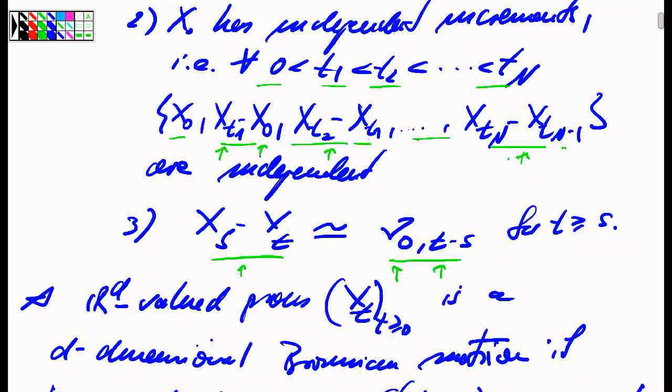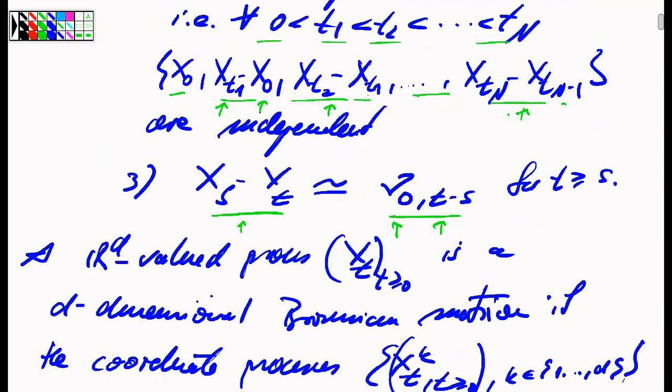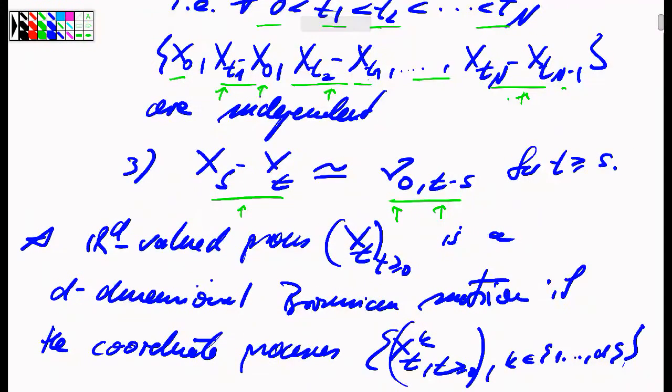So the increments are random variables which are independent, and they are normally distributed with a variance which is proportional to the time step in the two respective observations. If these three conditions are satisfied, then we call the process X a Brownian motion.